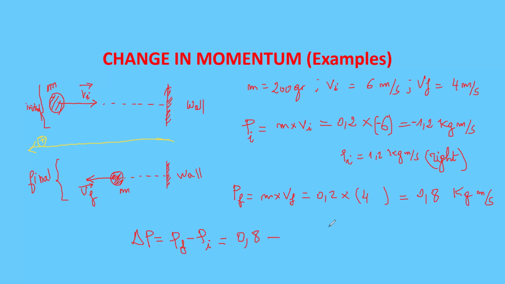The initial momentum is minus 1.2, so this minus the expression and another minus here, minus 1.2, is equal to 2 kilogram meter per second. It's a positive variation. Since it's a positive variation, the direction of this vector delta P is with my selected direction. So I can add here leftwards, to the left.